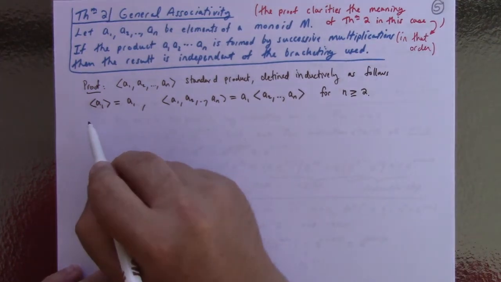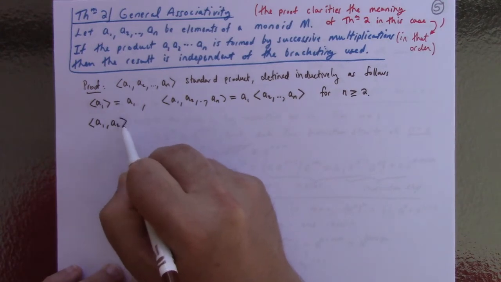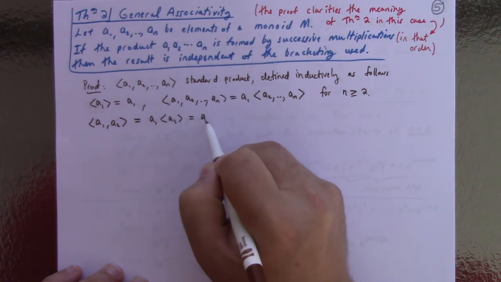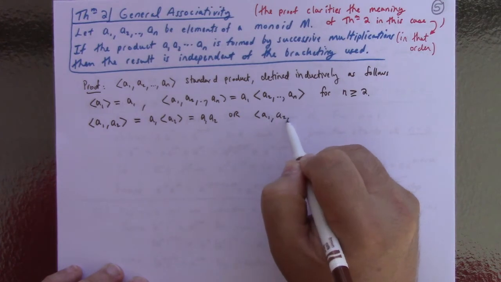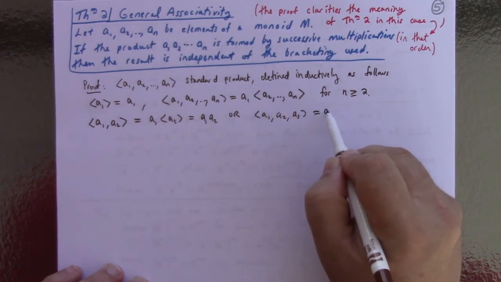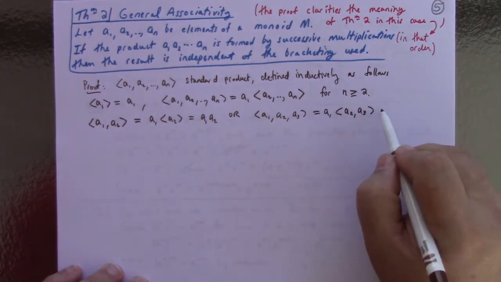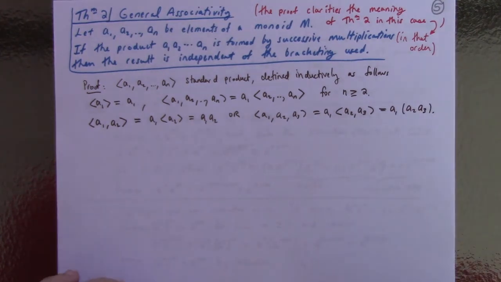So for example, a1, a2 by definition is a1 times a2. Or if we have three things, a1, a2, a3 is a1 times (a2, a3) by the recursive definition, which is then a1 times a2 times a3, etc.